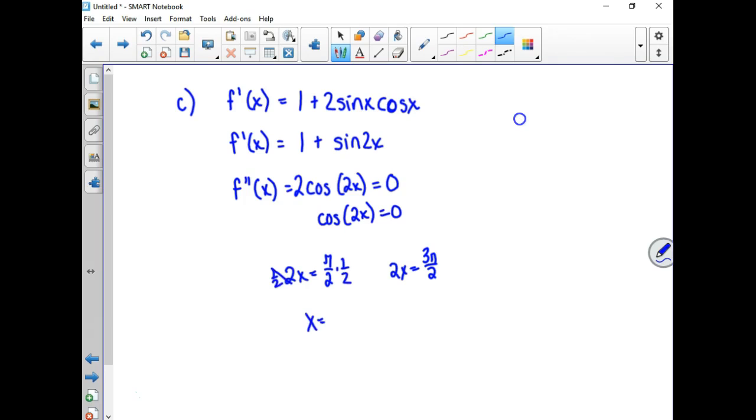So I get x equals pi over 4, and then multiply by 1/2, so x equals 3 pi over 4. So we get these two critical points here. We're going to make a sign line with this. So we've got pi over 6 is the beginning of our domain. We'll have pi over 4, 3 pi over 4, and then 5 pi over 6.